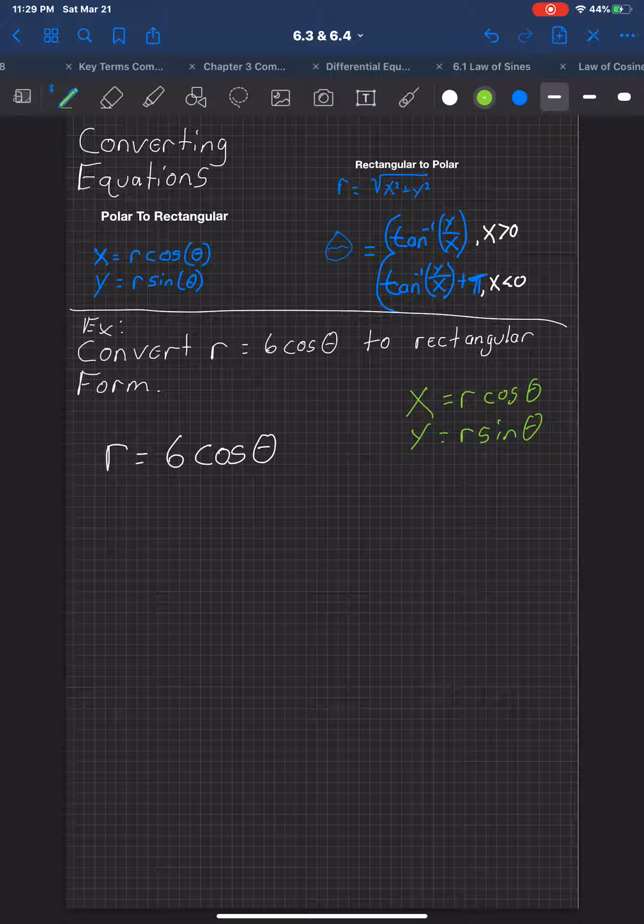Let's start by multiplying both sides of this equation by r, so that r squared would be equal to 6 times r times cosine of theta.